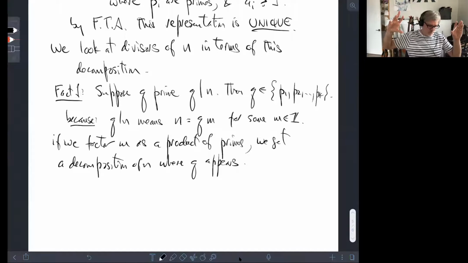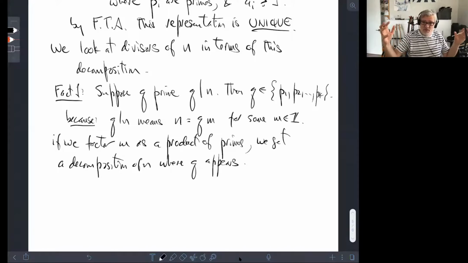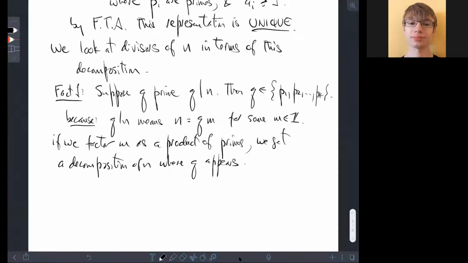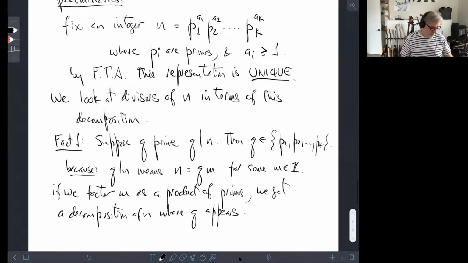So far, so good? Now n is represented as a product of primes, and Q appears in that decomposition. By uniqueness, since if you look up at the top of the page, that's the representation. There is only one. Q has to be one of those primes.